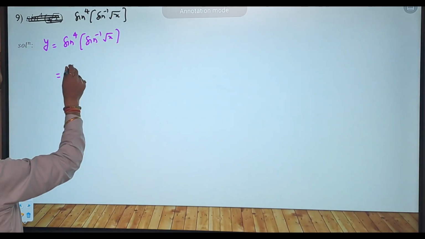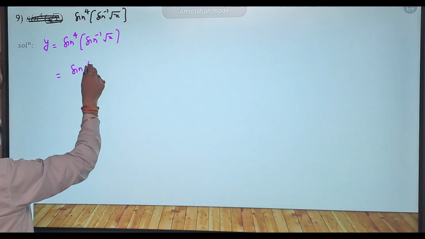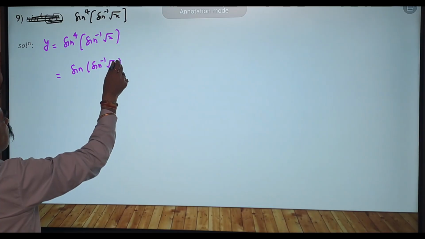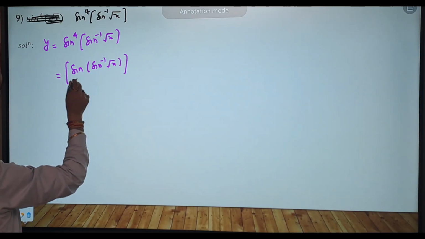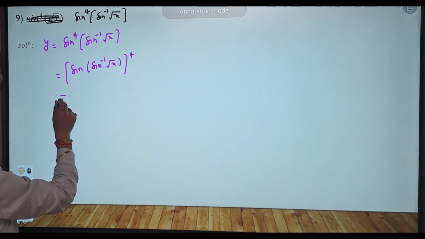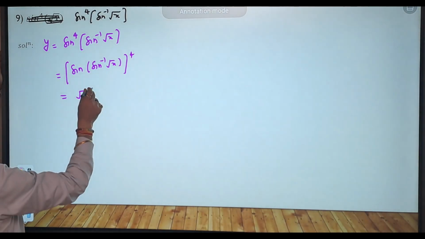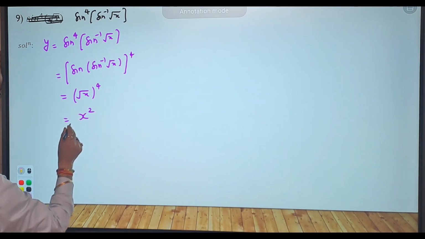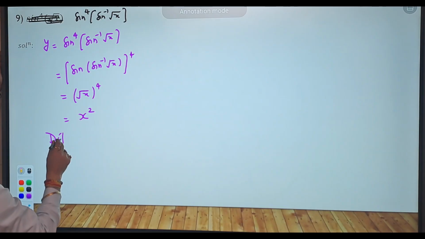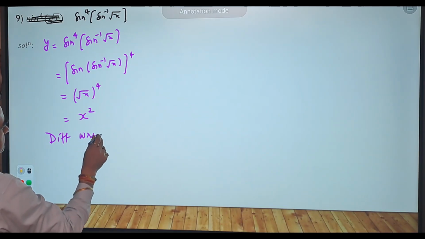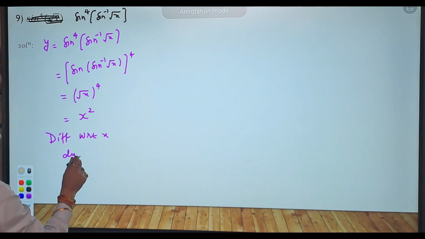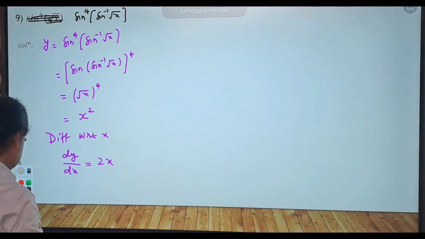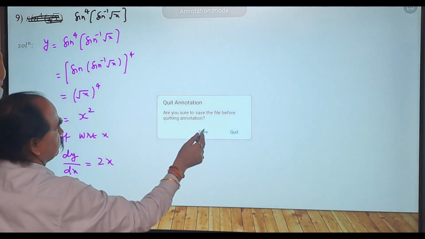Can be written as sine of sine inverse root x raised to 4. So root x raised to 4. Differentiating with respect to x. dy/dx is 2x.